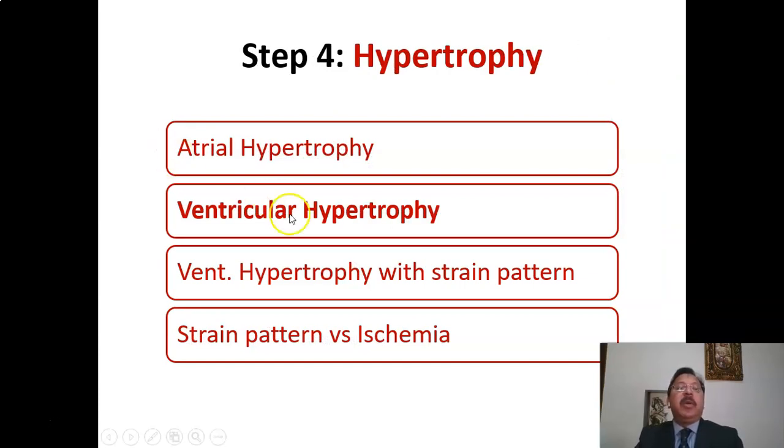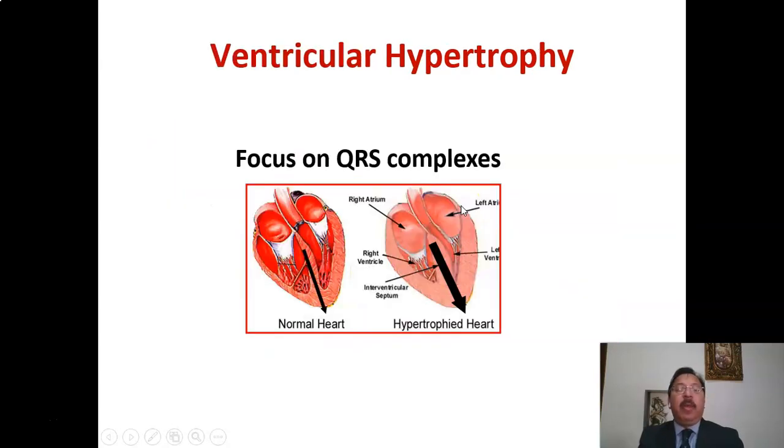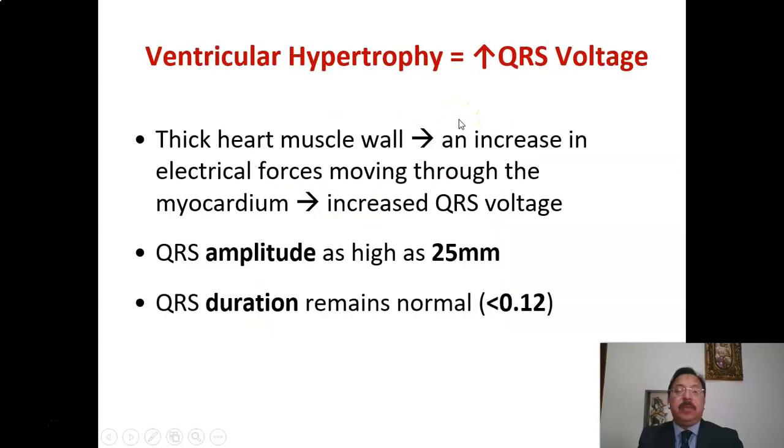So after the atrial hypertrophy, now we'll discuss the ventricular hypertrophy. For the ventricular hypertrophy, you have to focus on the QRS complexes, because QRS complexes represent the events happening in the ventricles, and you have to look at the QRS voltage.